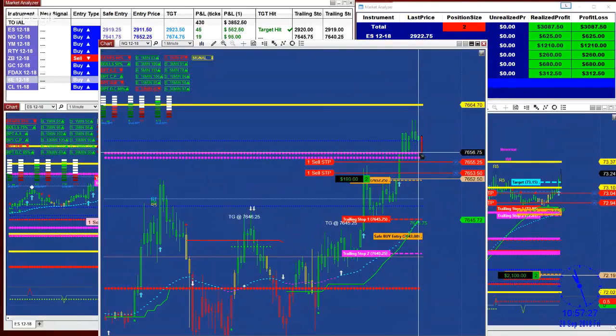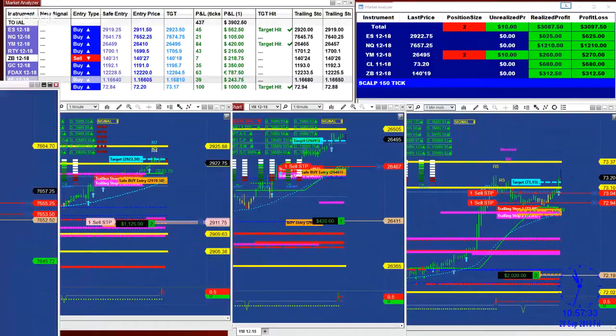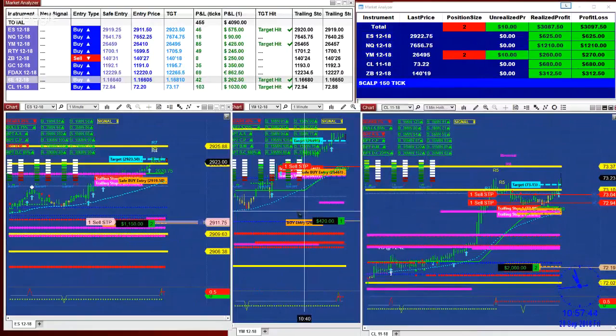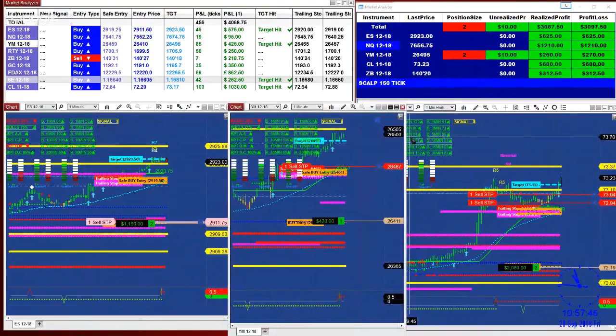There is a good potential re-entry on this one here again. On the CL, we called that trade for you from all the way down here, and you should have plenty in there.